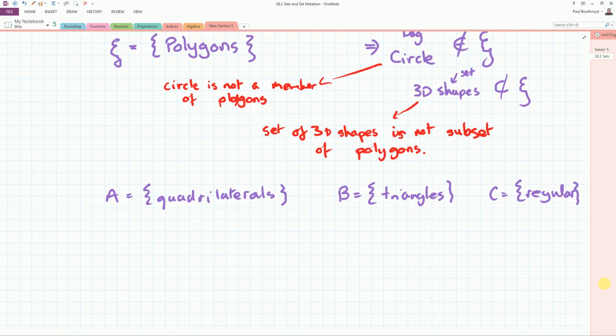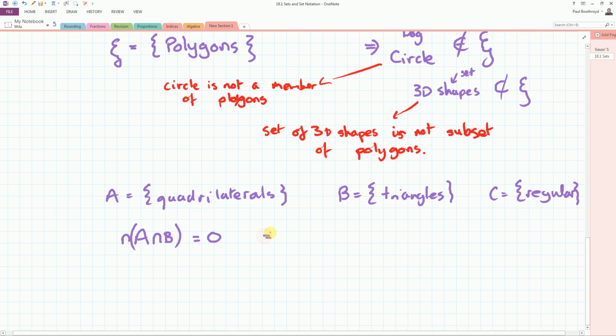So my question now is, how many things are there in the intersect of quadrilaterals and triangles? Think about what quadrilateral and triangle mean. Yeah, there are none. No items.